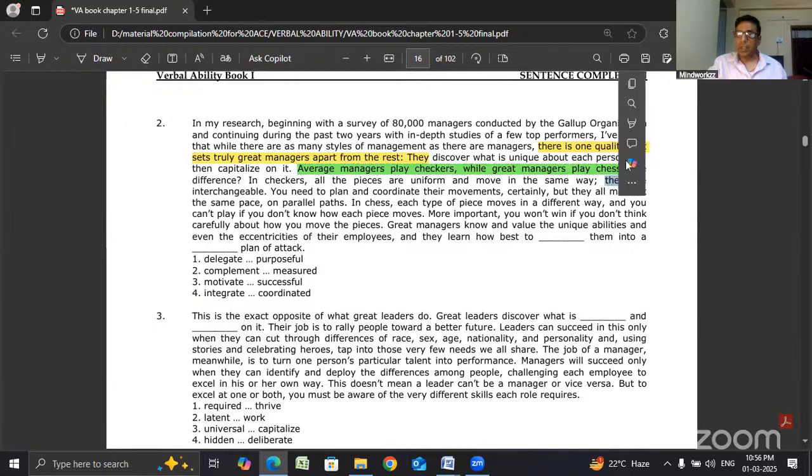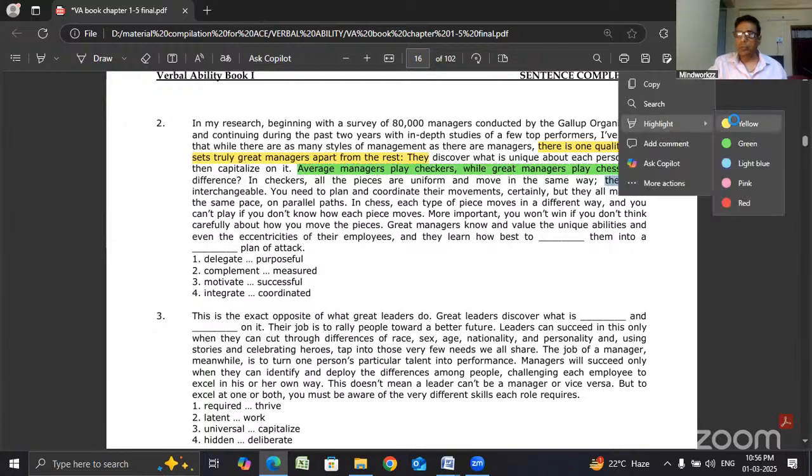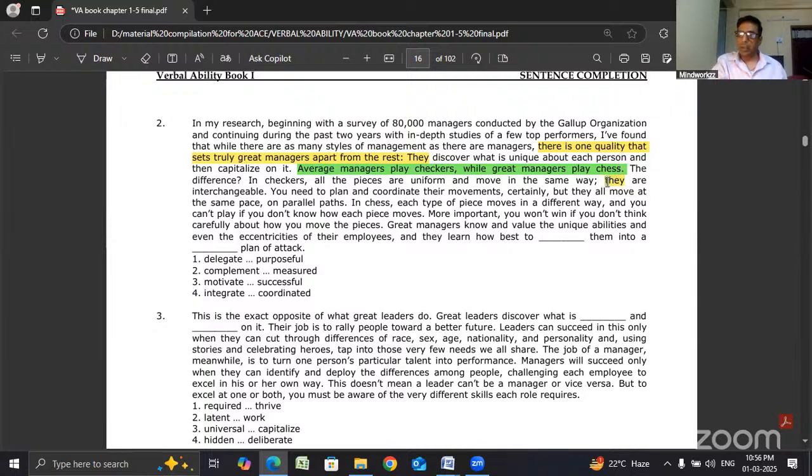Now, what does this "they" stand for? Keep track of pronouns. They are interchangeable. They comes for what?